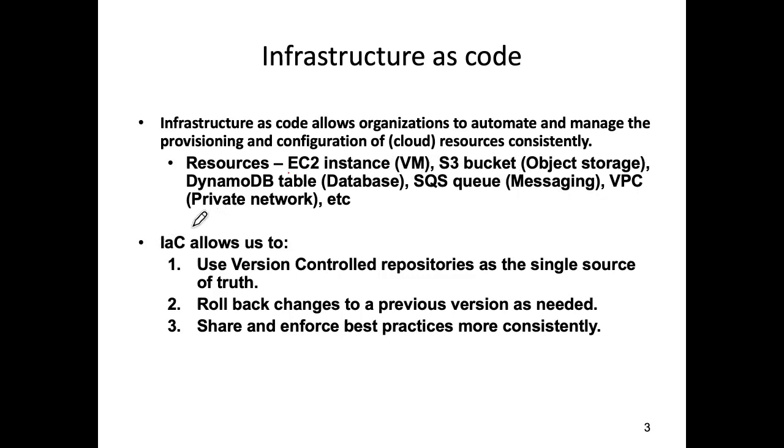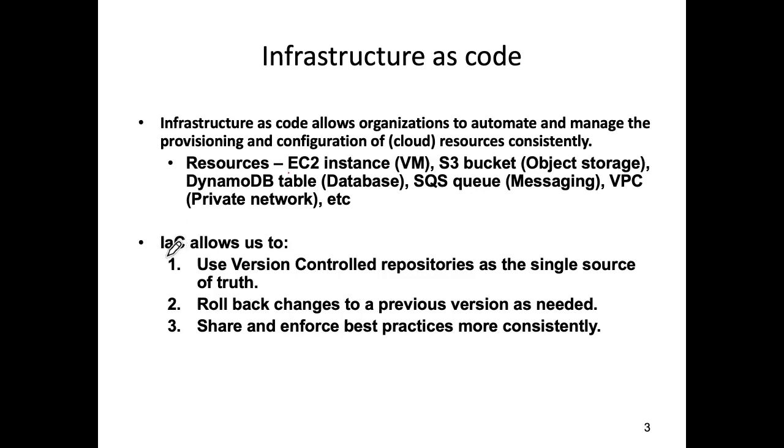So IaC, infrastructure as code, allows us to express the infrastructure that we want for our application as code, and then on the execution of that code, the various resources are created by the AWS platform for us.